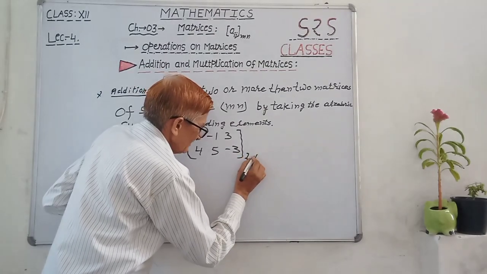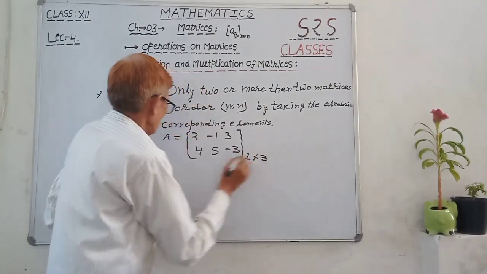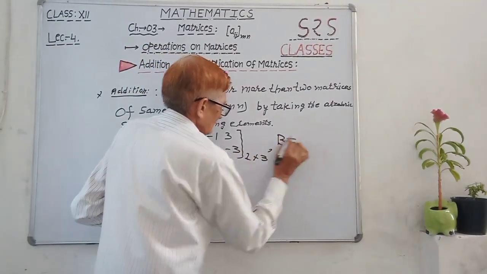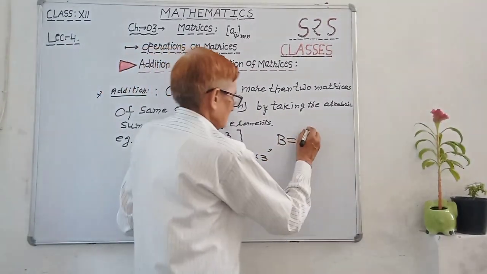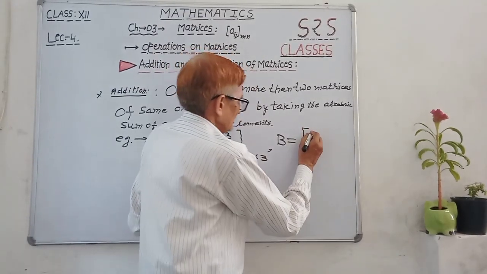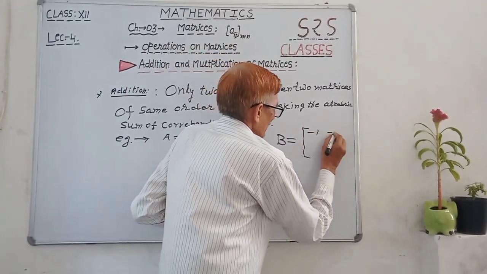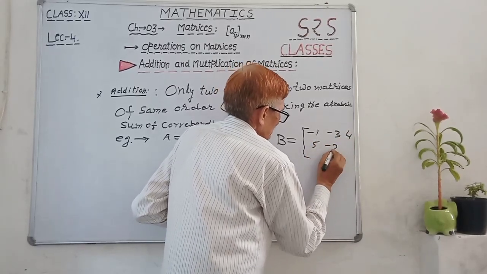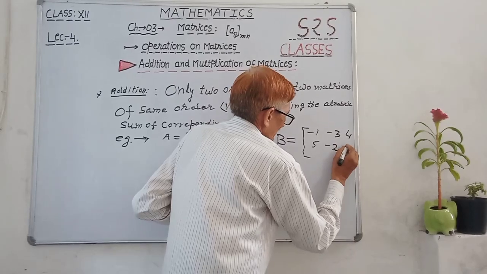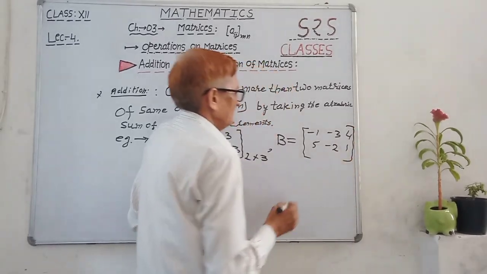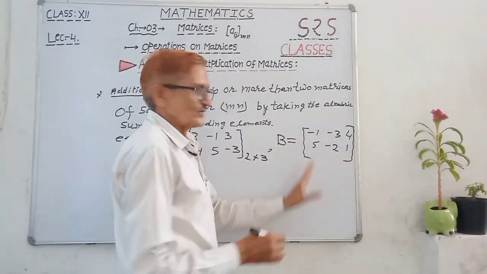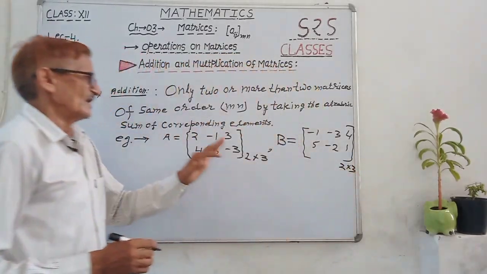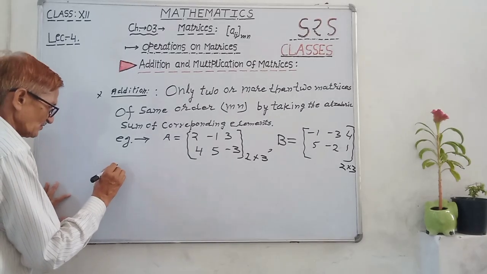So 2 by 3. Let this A, okay, and let B equal any other matrix, minus 1, minus 3, 4, 5, minus 2, 1. This is also 2 row and 3 column. Same order, 2 by 3. We can add.